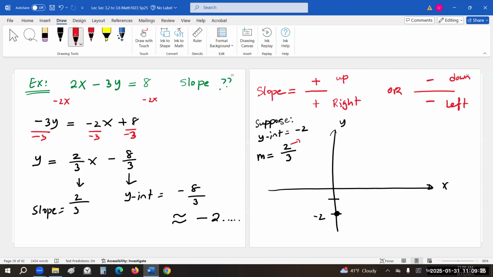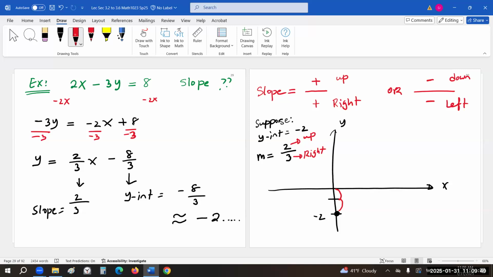That means we are going to walk 2 units up and 3 units right, since they both are positive. From negative 2, we walk 1 up, 2 up, and we end up at the origin.